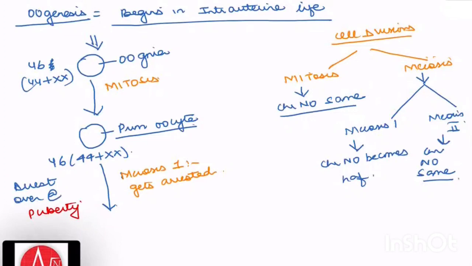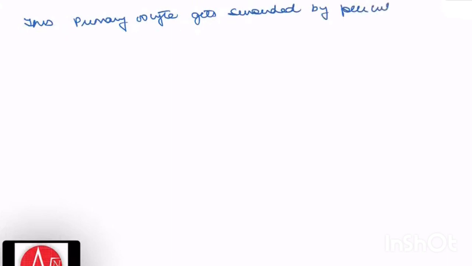Clear? Now this primary oocyte, this is very important. This primary oocyte, it gets surrounded by the follicular cells of the ovary, right? So the follicular cells of the ovary are going to surround the primary oocyte.